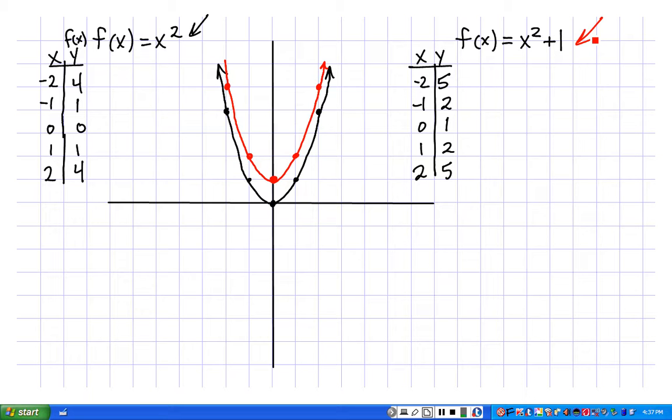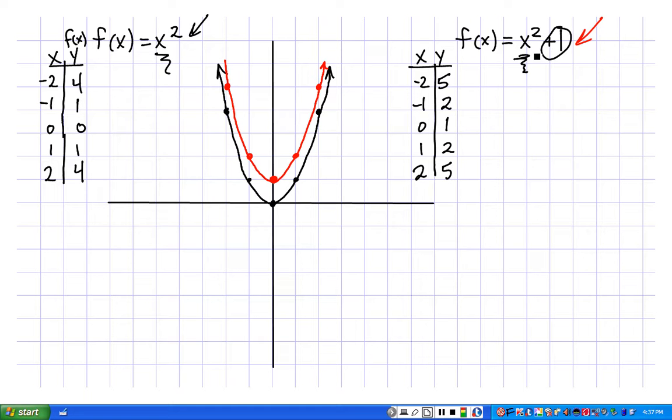Now, if you look at the two graphs, the shape is pretty much the same. The difference between the two is the fact that I added this plus 1 to the parent function, which is x squared. I showed you that the graph of f of x equals x squared gives you a basic U whose vertex, or lowest point, sits at 0, 0, at the origin.